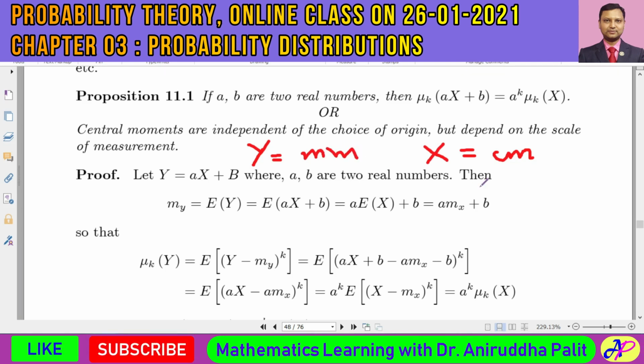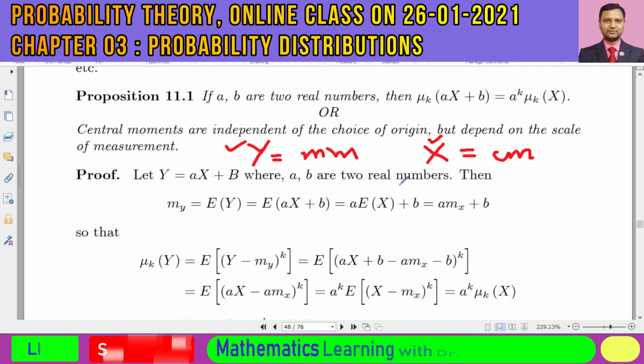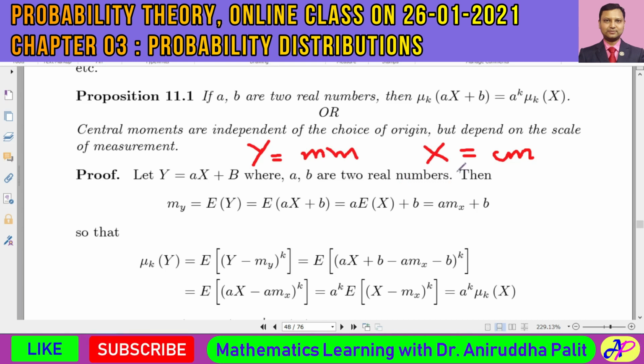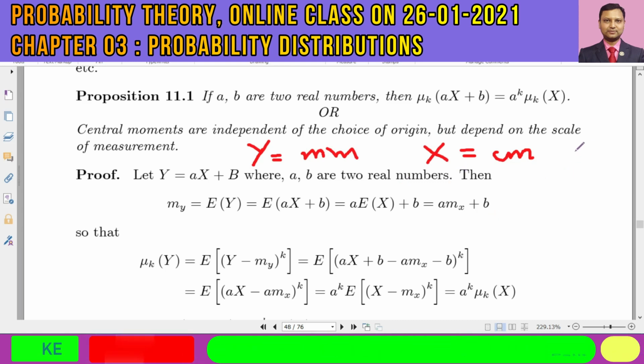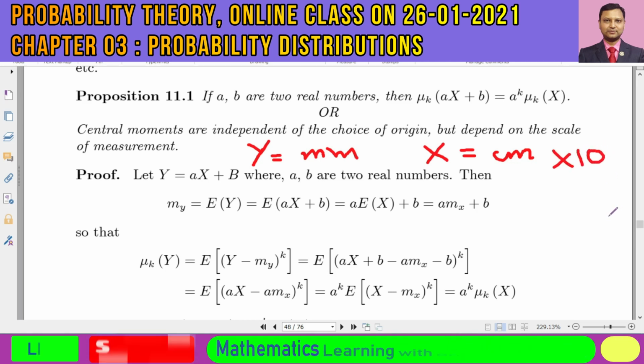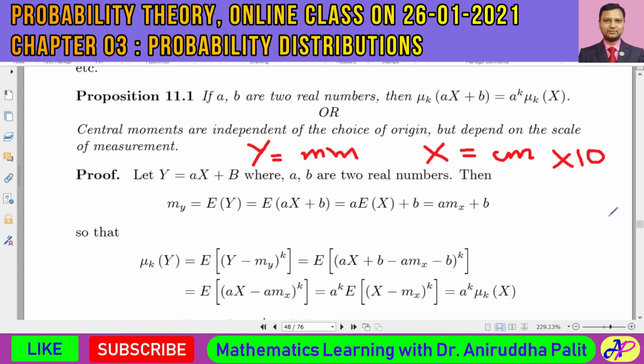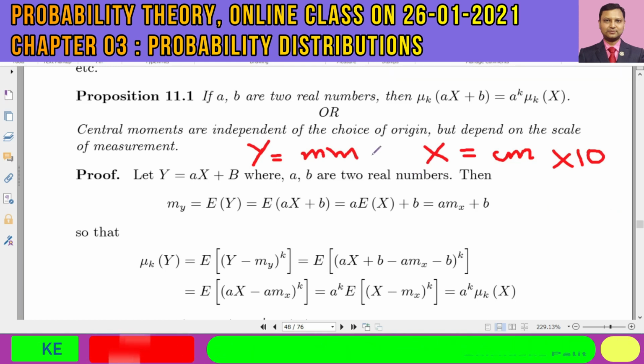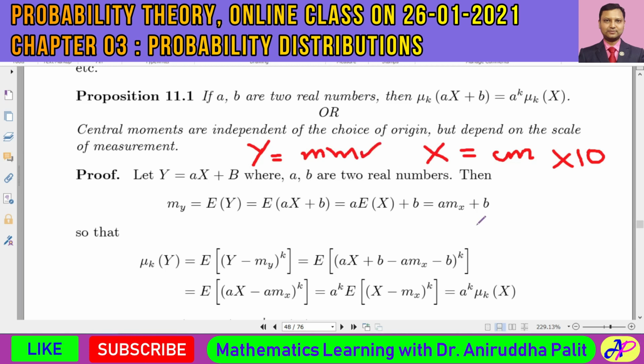Then from the value of X, you can generate the value of Y, a centimeter to millimeter conversion. The value of X is multiplied by a constant quantity. When 5 centimeters is multiplied by 10, you get the result in millimeters. Got it?